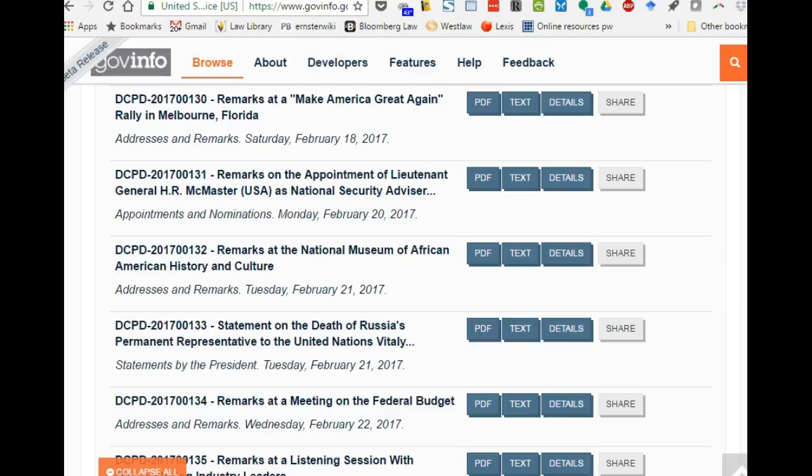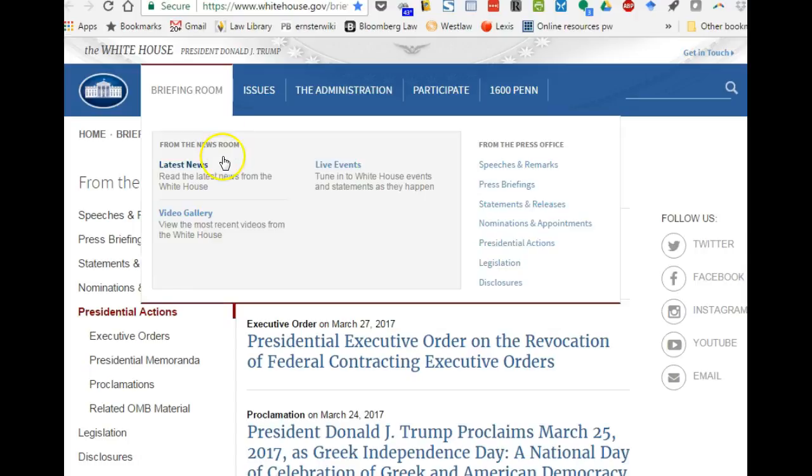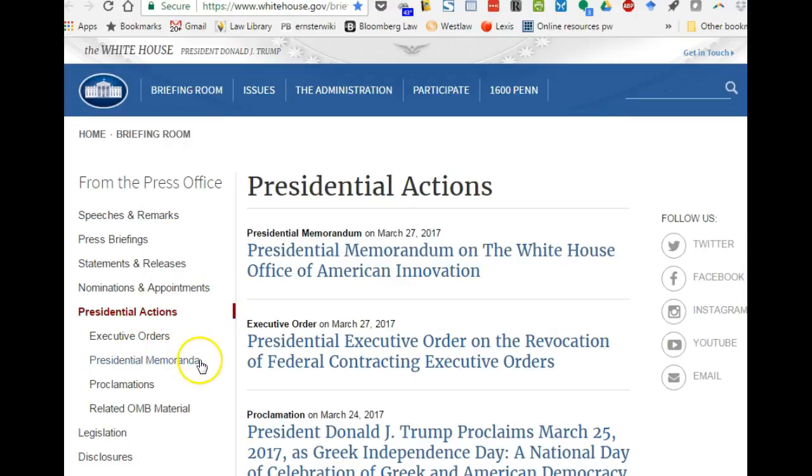But more likely, if you were to Google immigration executive order, which is probably one of the ones that we're more interested in these days, you might wind up at the White House webpage. And here, I like this because it gives us a good idea of the main presidential actions. So executive orders, memoranda, those proclamations, and then Office of Management and Budget is OMB material.